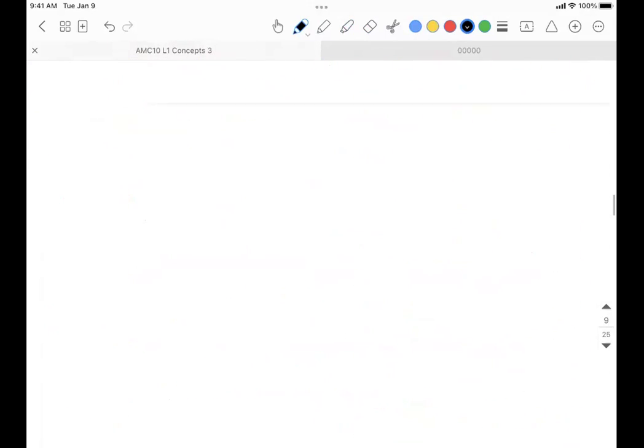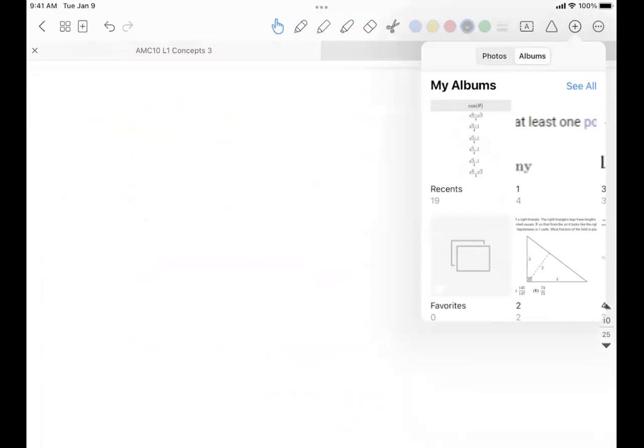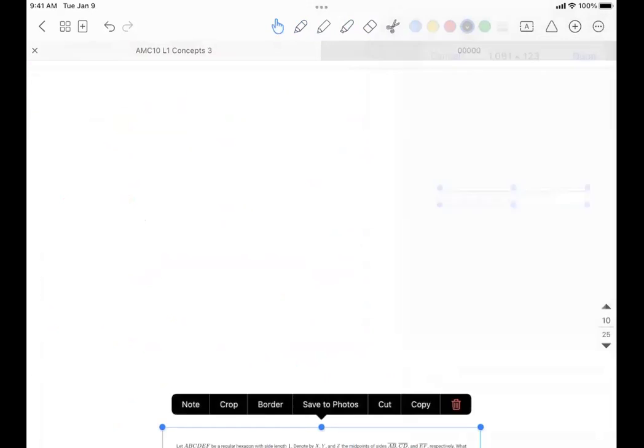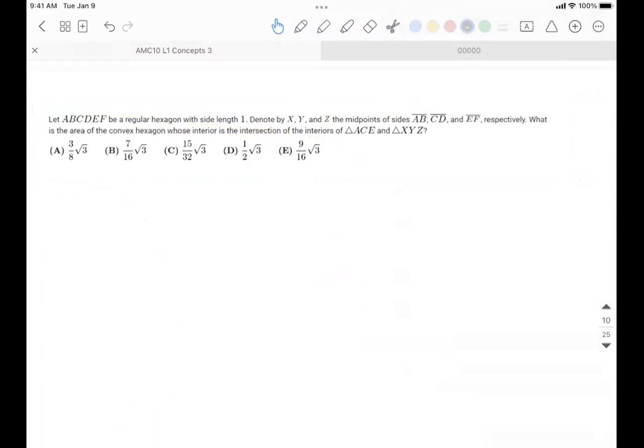Okay, our second problem comes from, okay, I'm going to click in here. This is a problem that comes from 2018 AMC 10A, question number 24.